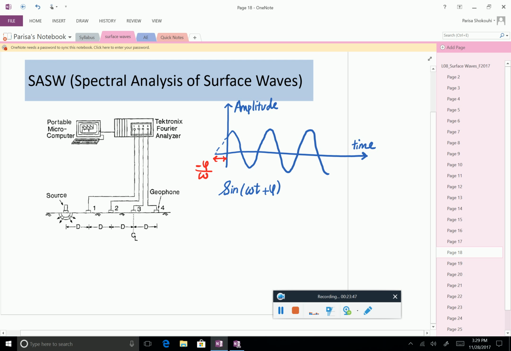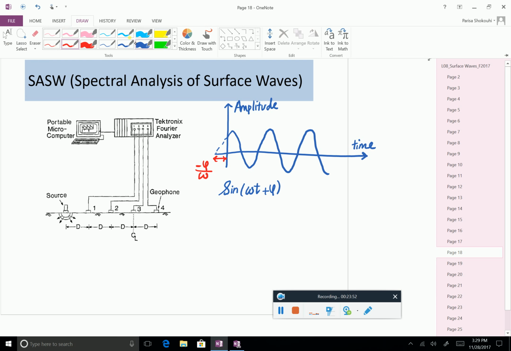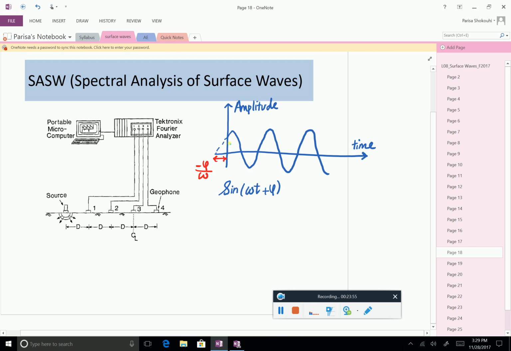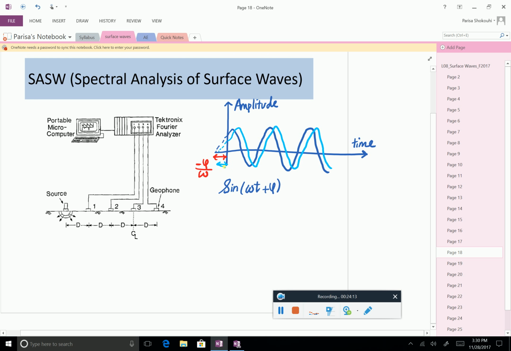So now if we had two signals, and one was ahead of the other one, and they had, let's say, let's give them 1 and 2.